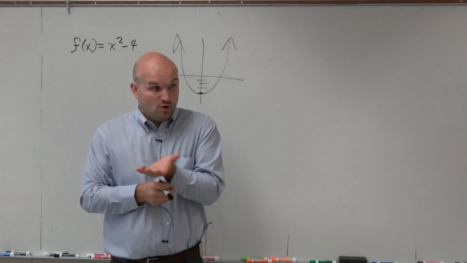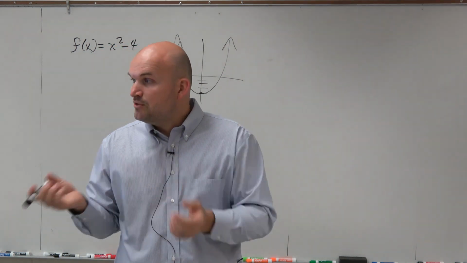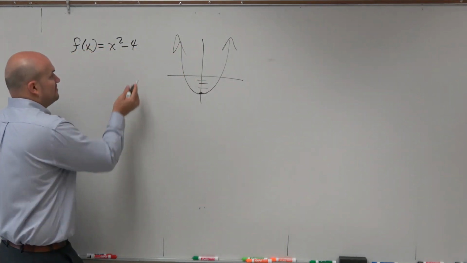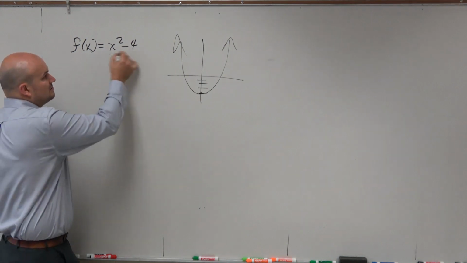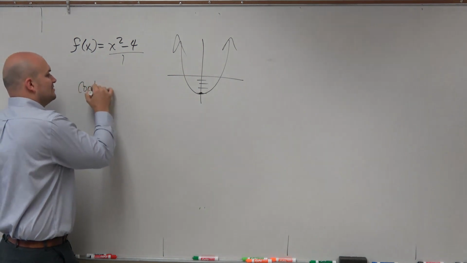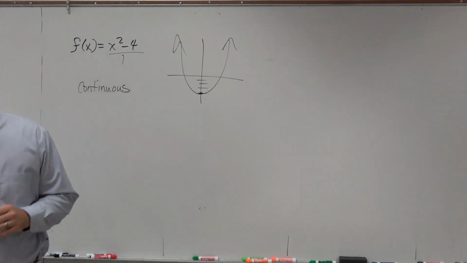You guys agree that's the only other, except for piecewise functions, we've only looked at when something is 0 in the denominator. So in this case, do we have any sort of denominator here for any values? No. So if there is no discontinuity, this is a continuous function. OK? That's as simple as that.